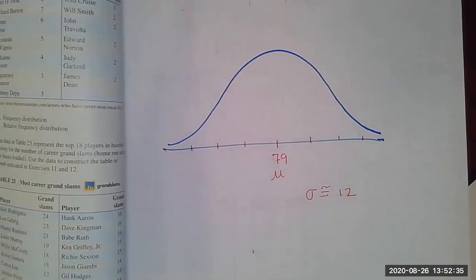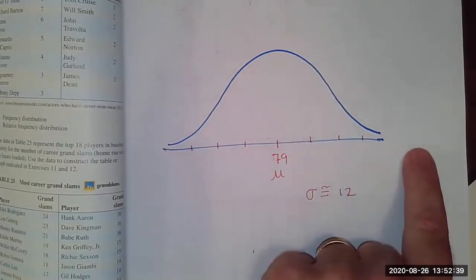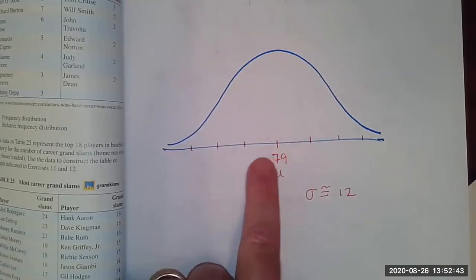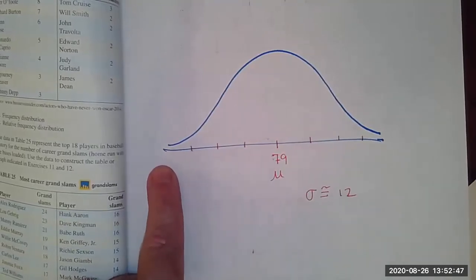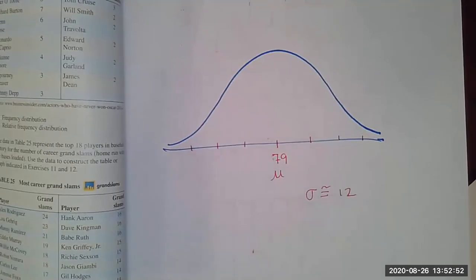Now, you could go farther. I mean, we can go way out here beyond 79 or way down. These are test scores way down here. Like someone got a 1% because they just showed up and put the name and that was it. Those are called outliers, by the way.